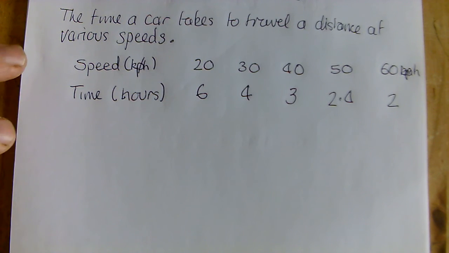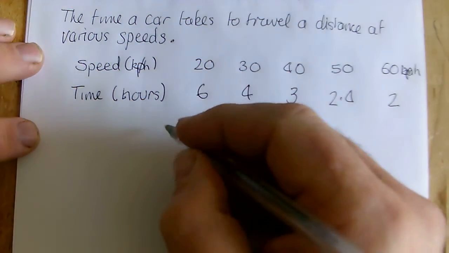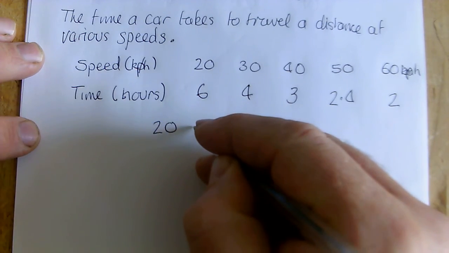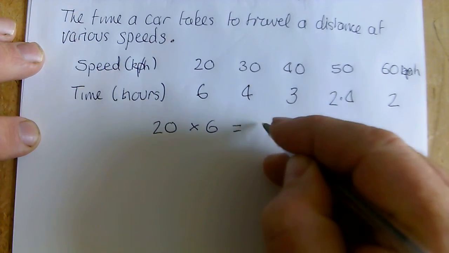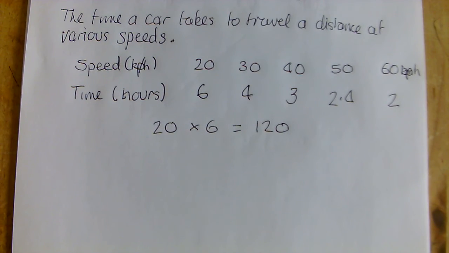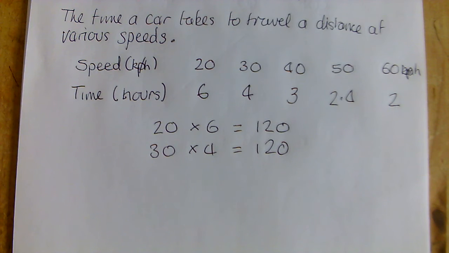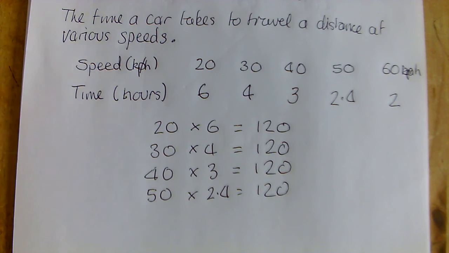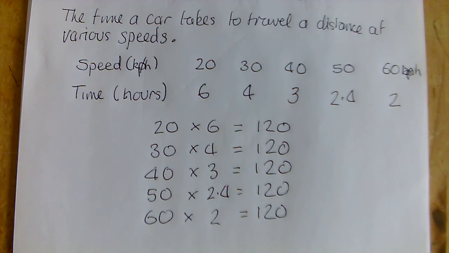And what you find is, again, when you multiply these variables together, 20 times 6 equals 120. In the same way, 30 times 4 is 120, 40 times 3 is 120, 50 times 2.4 is 120, and 60 times 2 is 120.